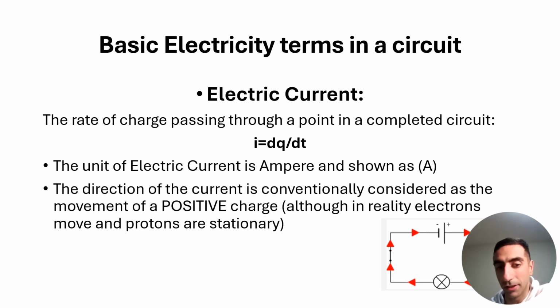However, in reality, we know that only electrons move and protons don't move. Positive charges don't move in reality, but conventionally, we consider the direction of current as the direction of positive charge. I repeat, it's just conventional, and in reality, this is not true.